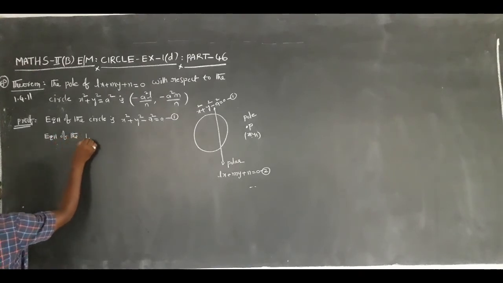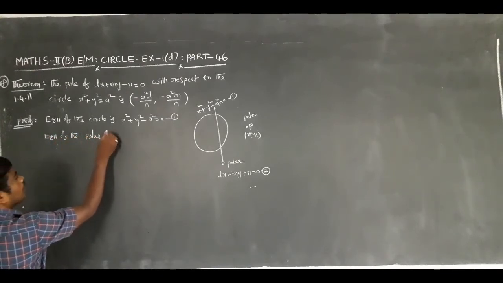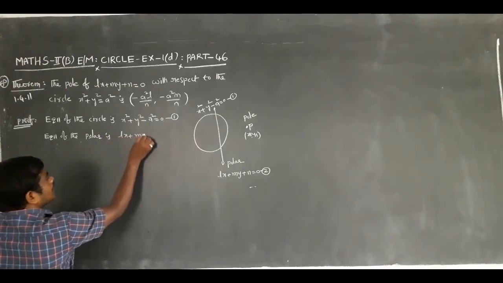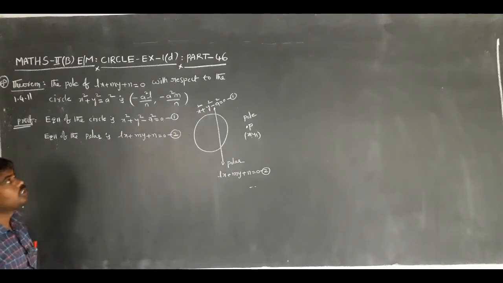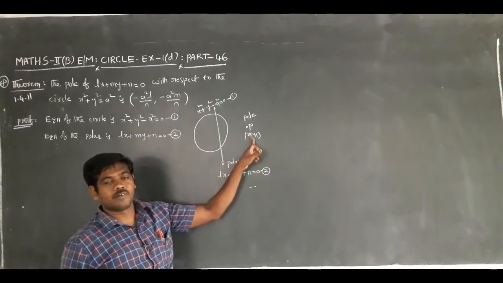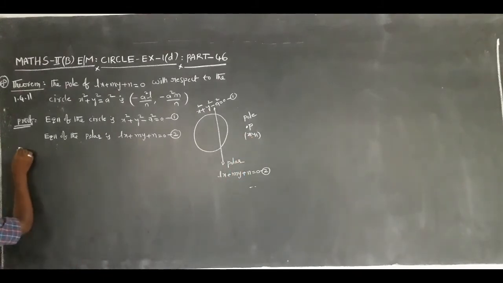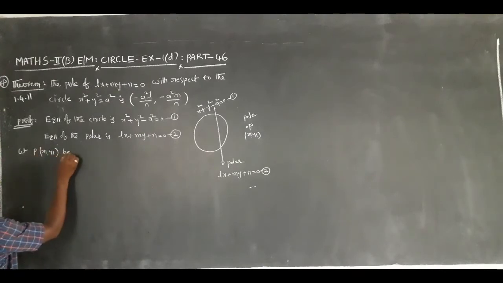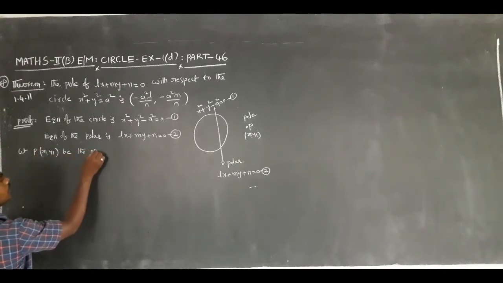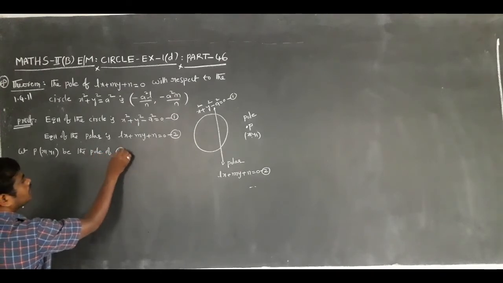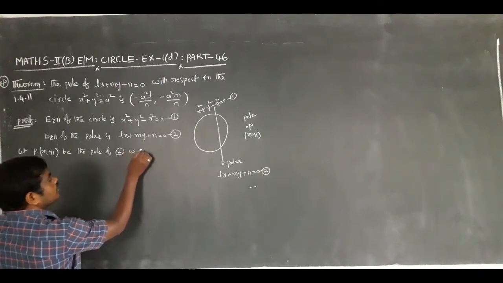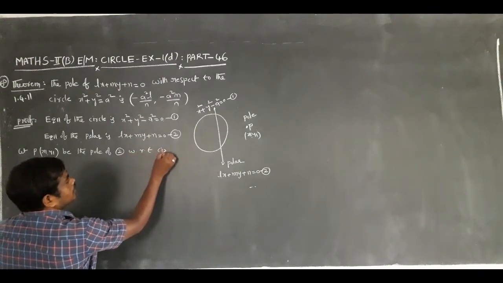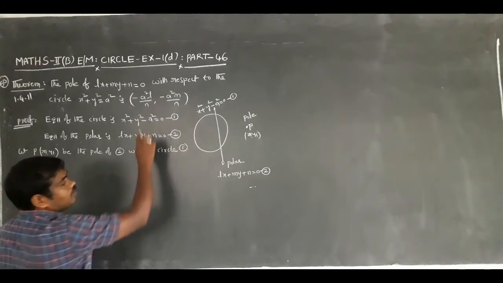The equation of the polar is Lx + My + N = 0. Let P(x1, y1) be the pole of equation 2, meaning Lx + My + N = 0, with respect to the circle 1.